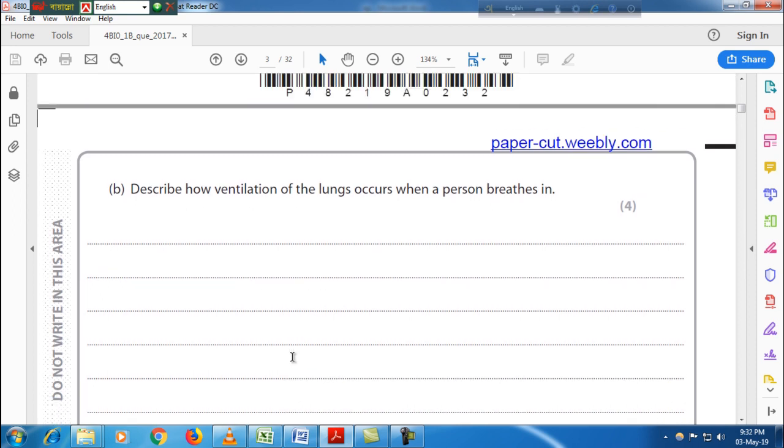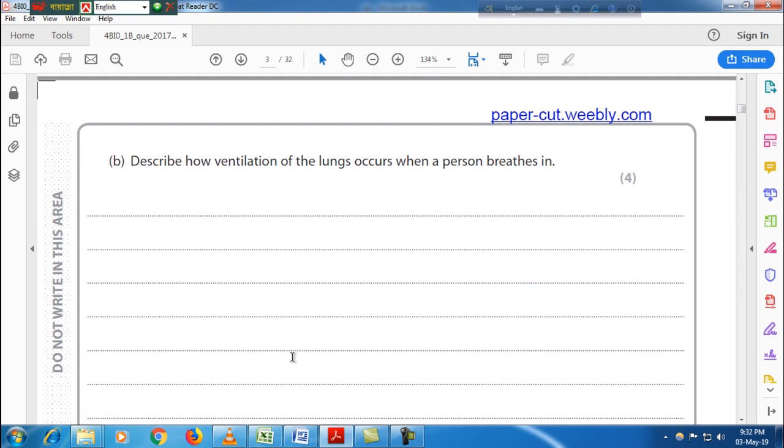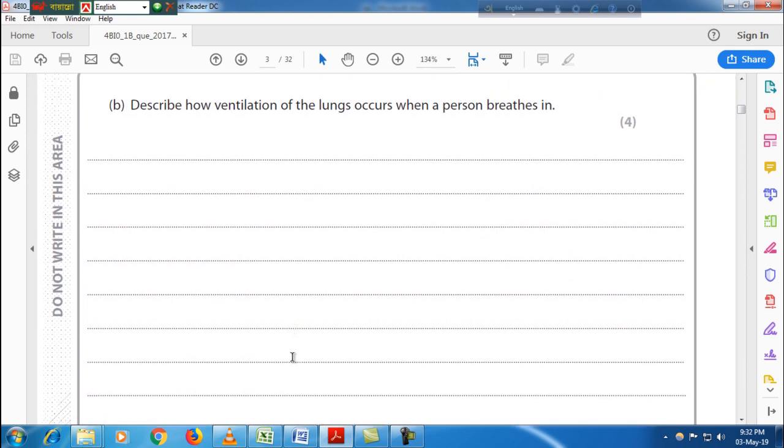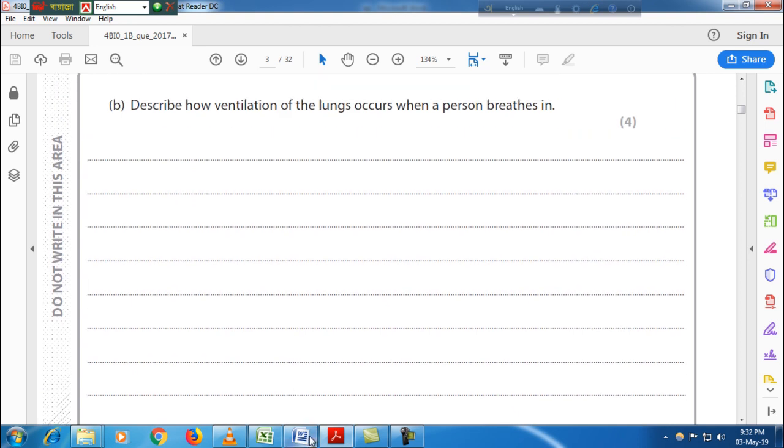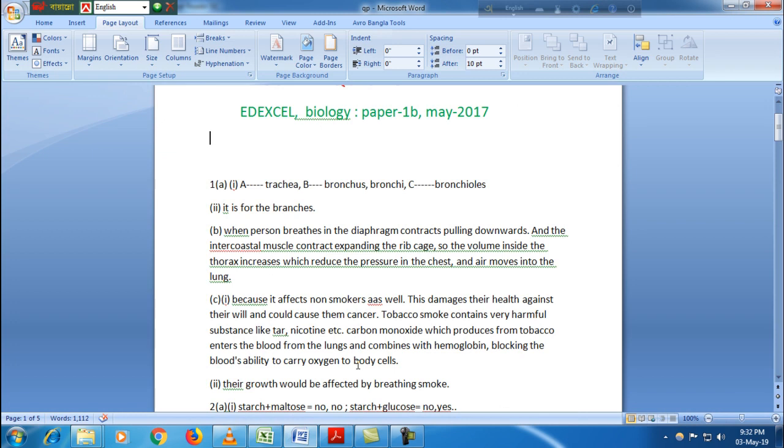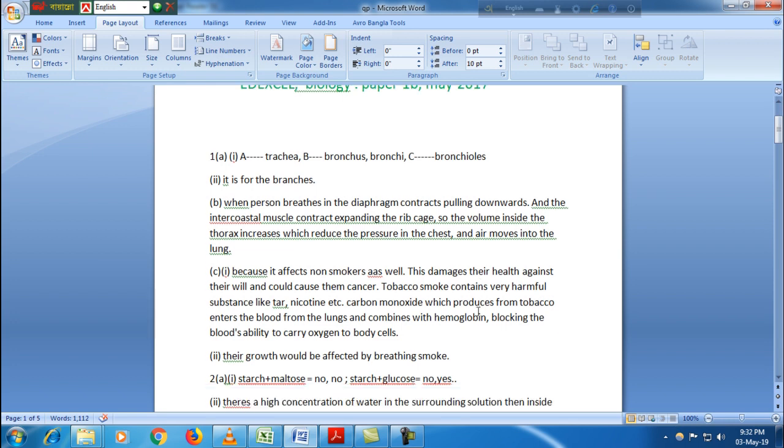When the person breathes in, the diaphragm contracts, pulling downwards, and the intercostal muscles contract, expanding the rib cage. So the volume inside the thorax increases, which reduces the pressure in the chest, and as a result air moves into the lungs.